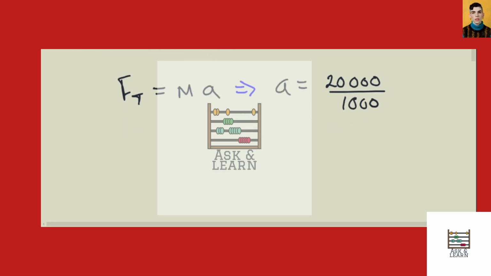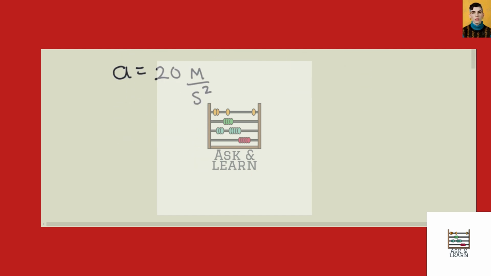And so acceleration is 20 meters per second squared. And we know that velocity is this acceleration times time. But we don't know the time interval, so we just leave t by itself.